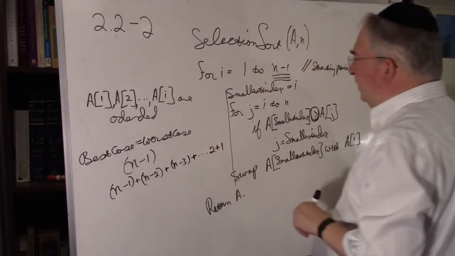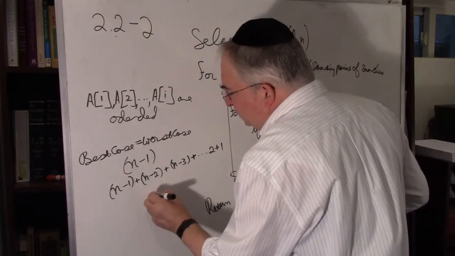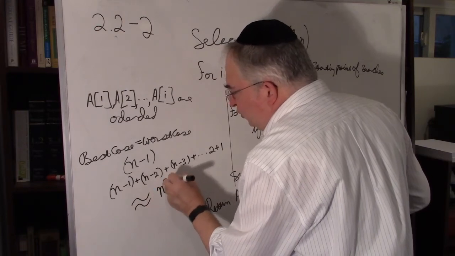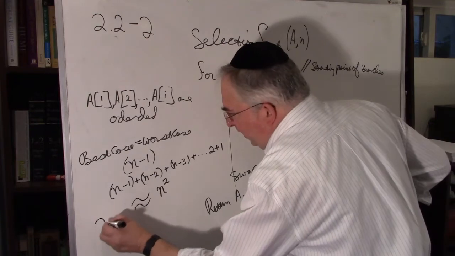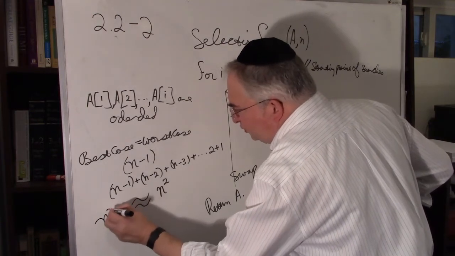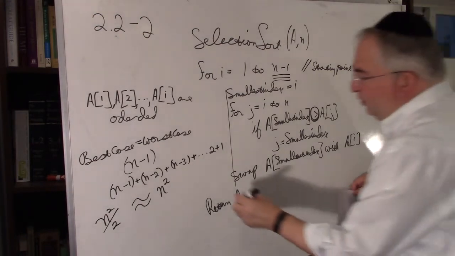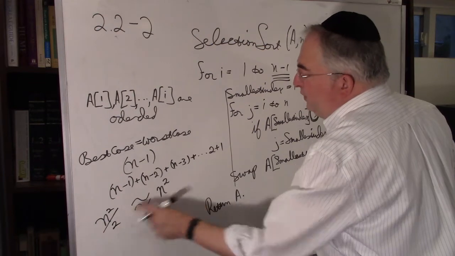Maybe you leave out that 1 over there. You don't really need that. Anyways, it turns out that that is about equal to n squared. Really, the truth is it's n squared divided by 2. You're not doing so many, but we ignore these coefficients.